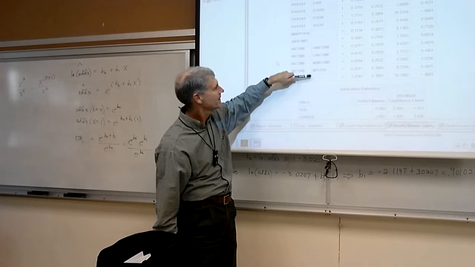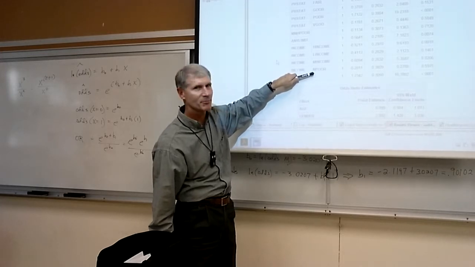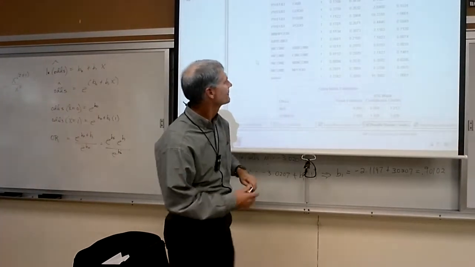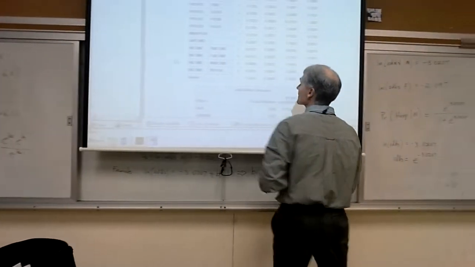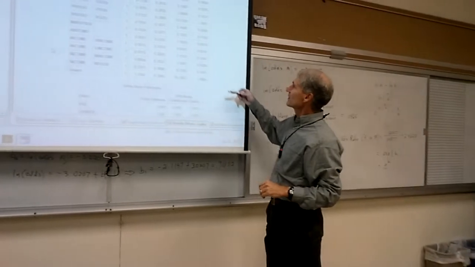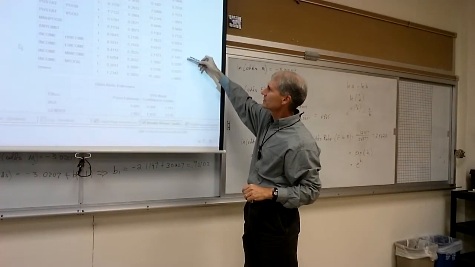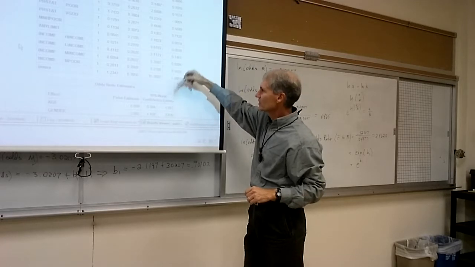So, in poor, I'm not sure. I think it's poor. Well, you can't tell from here what the reference group is, but let's go to odds ratios.